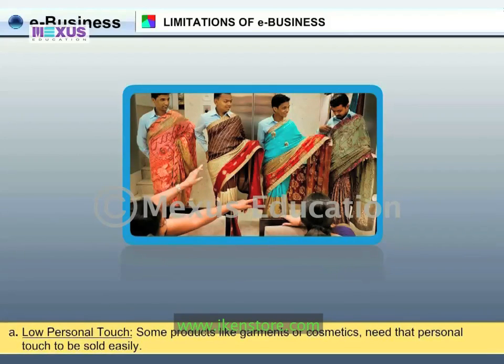A. Low personal touch. Some products like garments or cosmetics need that personal touch to be sold easily. People still like to buy a garment only after feeling and touching it, which is useful to know the quality and texture of the cloth.